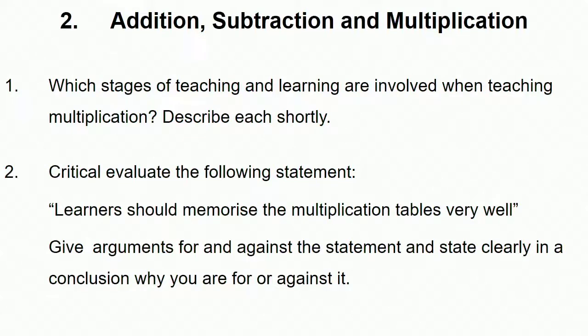You must give arguments for and against the statement. So there's a statement: learners should memorize the multiplication tables very well. You must give arguments for and against that statement. Even if you overwhelmingly feel this is a must, you can give your advantages and say why, but you must also give some argument against it.